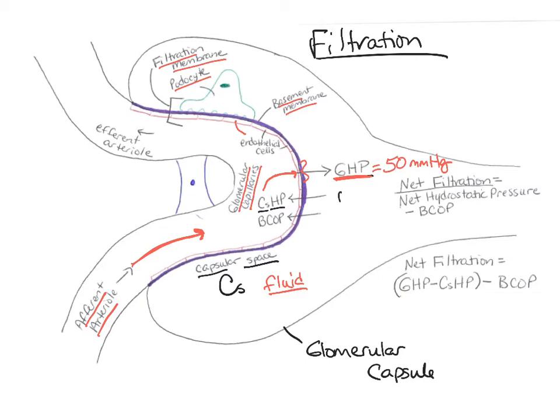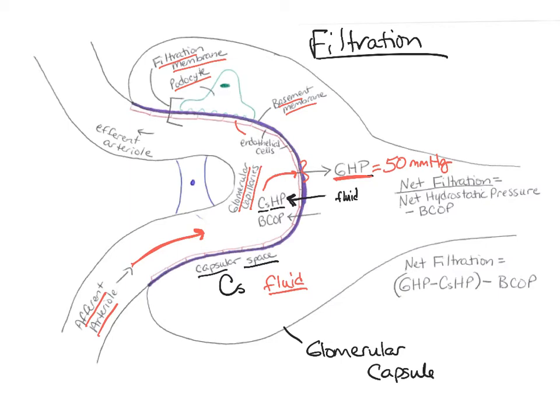And that means fluid is pushing against the membrane here and will be pushing some fluid back into the glomerular capillary. So we have to take that into account. So we'll have to take the amount of fluid being pushed back in and subtract that from the amount of fluid that's being pushed out. And that would give us the net hydrostatic pressure, right?